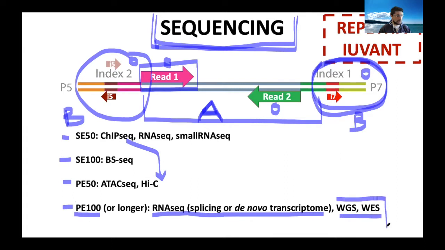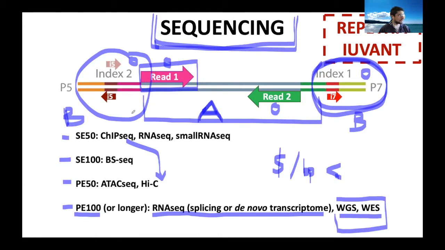The reason why we use these long reads is because the cost per base is cheaper. That's why we are using longer reads for these applications. They just require a lot of sequencing depth.